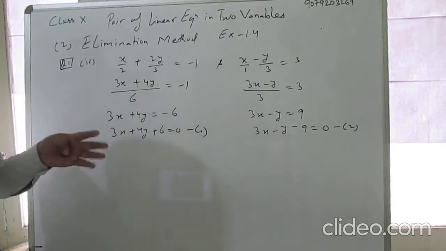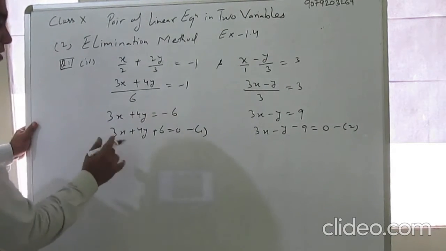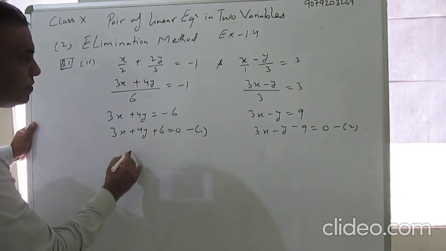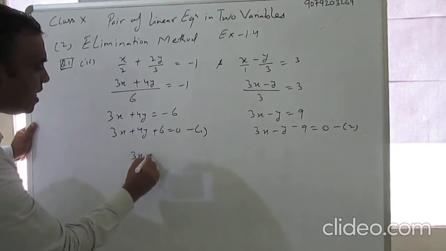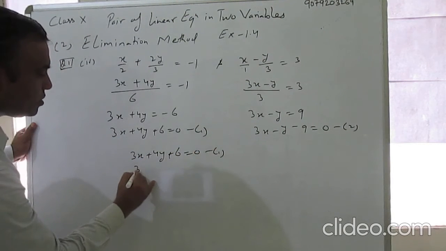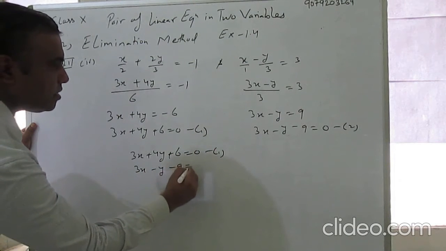So no need to multiply by anything. We rewrite both the equations again: 3x plus 4y plus 6 is equal to 0, and 3x minus y minus 9 is equal to 0.